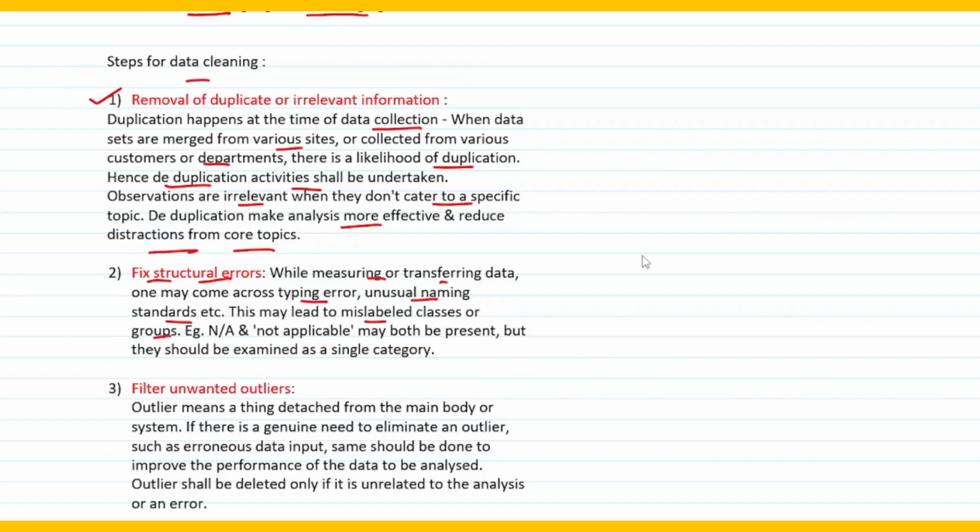So the classification may go wrong. For example, you may say NA or not applicable. They both mean the same. They both may be present, but they should be examined as a single category. Yes or no? If I say NA or if I say not applicable, they both are the same. But we have to make sure that these are categorized into one, right? So you cannot have them as different classes altogether. Hence, these are the structural errors that are to be fixed, right? So the second point we did is fixing of structural errors, right?